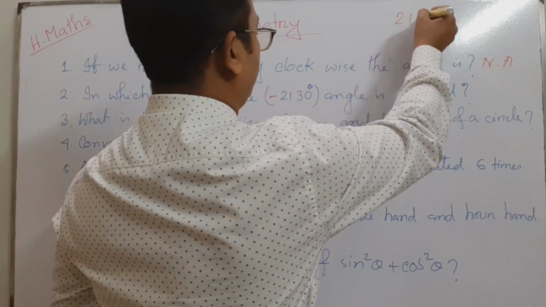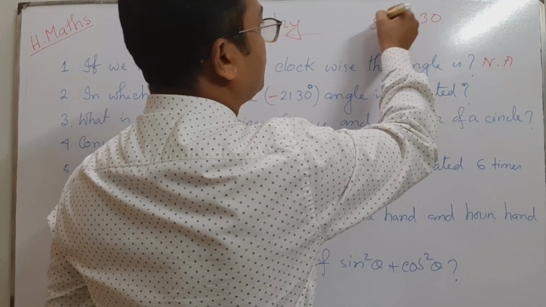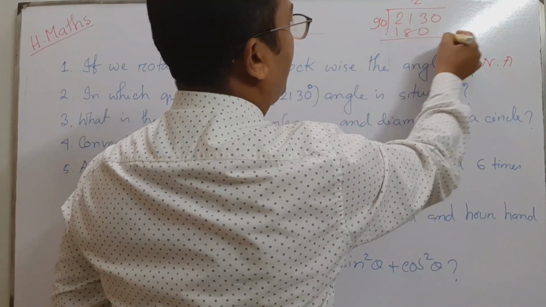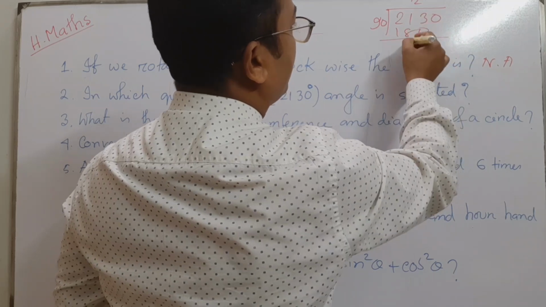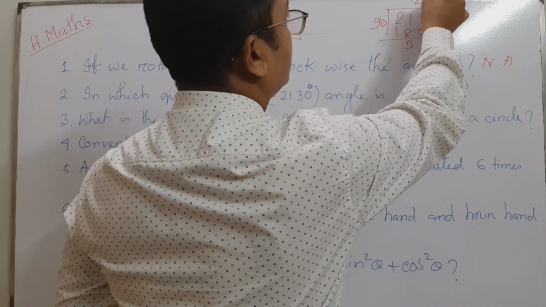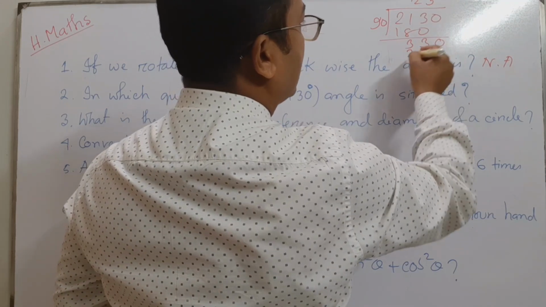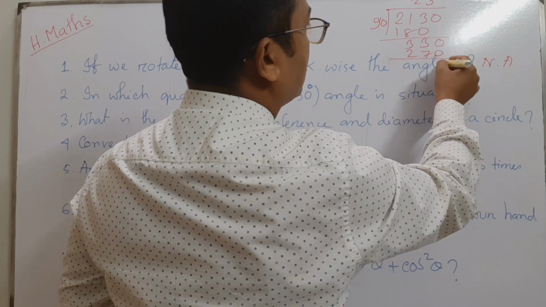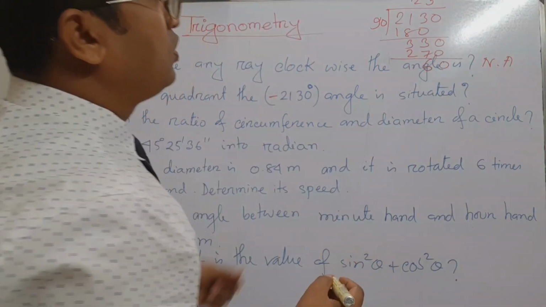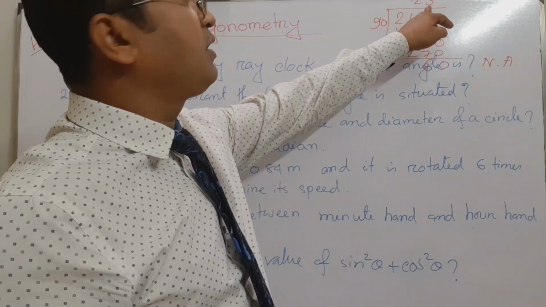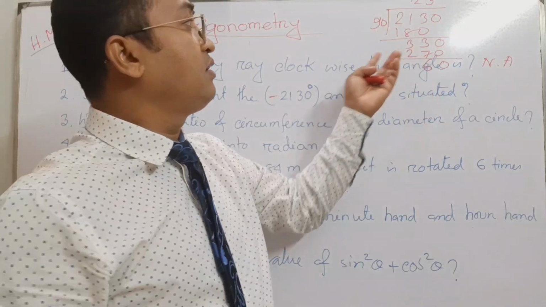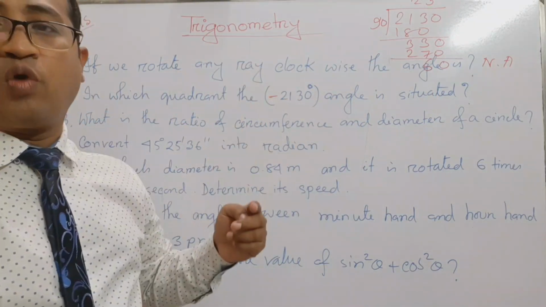180, and this is 330. 270, and it remains 60. So look, after 23 quadrants we will get the location of this angle.